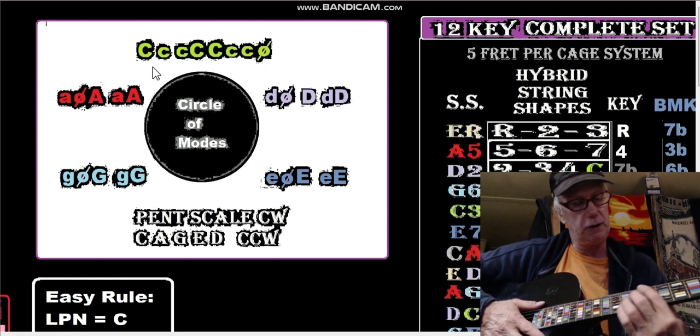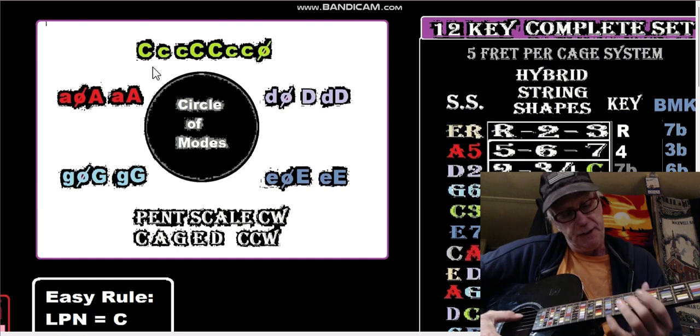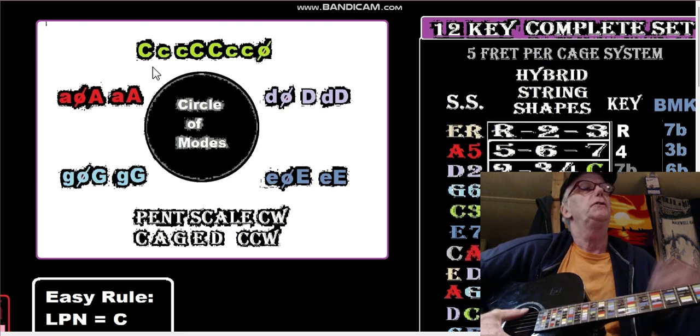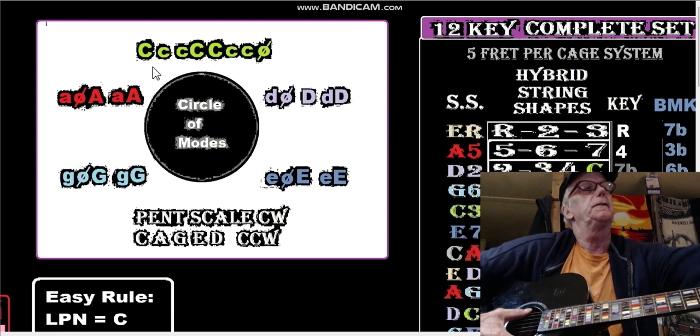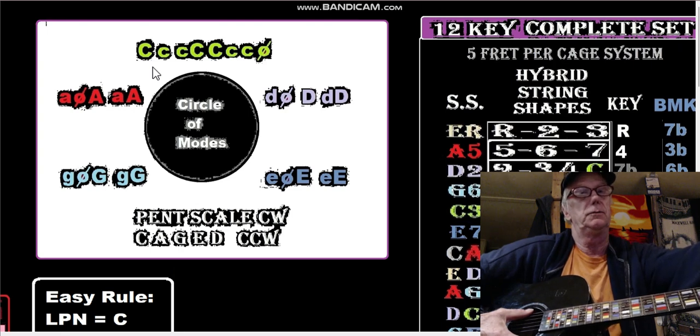It's a little more complicated to do it on the piano because the A shape chord has a 5 as a lowest playable note. So that means it's an inversion. It's a second inversion of the first Ionian chord, the root chord.